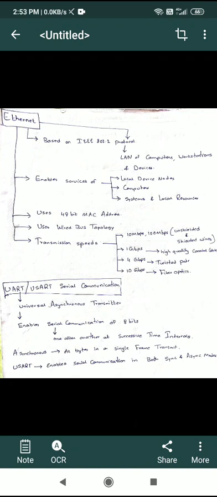Coming to transmission speeds, the Ethernet speed depends on the type of cable we are using. There are different types of cables, generally discussed under transmission media in computer networks. There are four types of transmission media for wired connection.